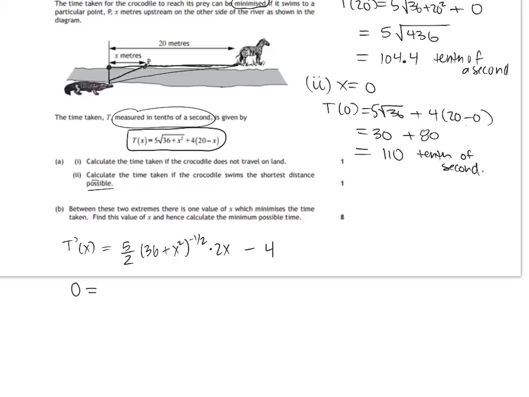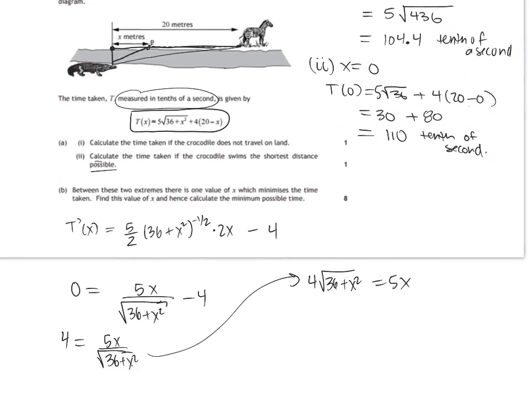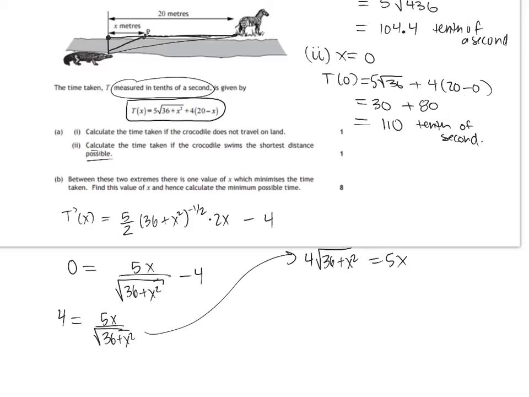So 0 will equal 5x over root 36 plus x squared, minus 4. So 4 equals 5x over the root of 36 plus x squared. So 4 root 36 plus x squared is 5x, and it's almost the exact same as the ones we did, right? So 16 times 36 plus x squared equals 25x squared.